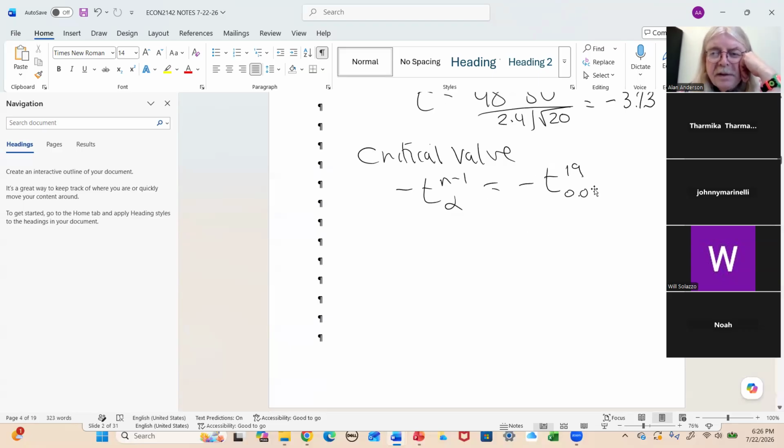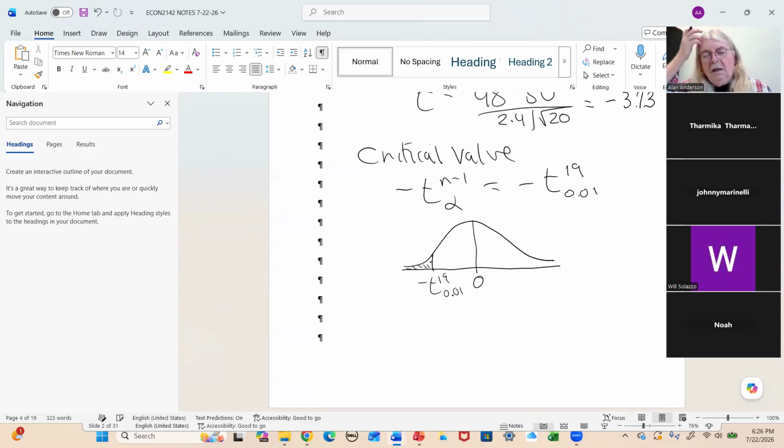Now we have to go look it up in the calculator. All right, so we have to do second vars, number 4, INVT.